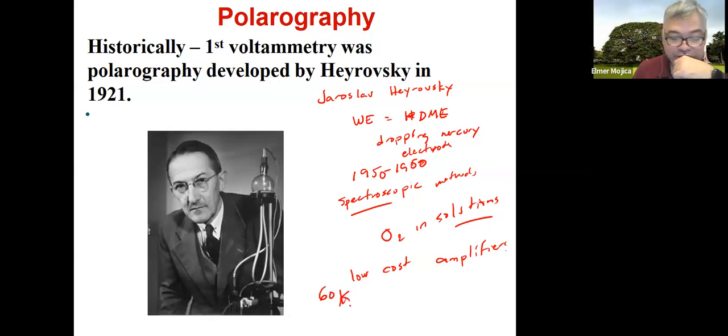At one time, some 60,000 research papers were in the literature, but after it peaked in 1973 with 2,000 published articles, it started to decline.